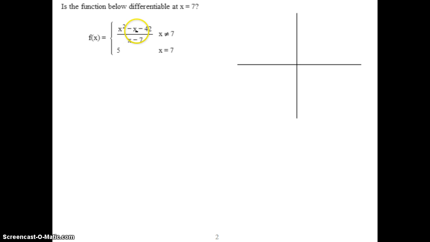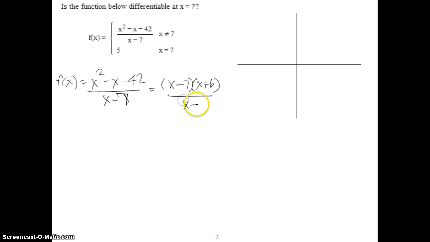So to be able to figure out what this function looks like, you're going to simplify f of x equals x squared minus x minus 42 over x minus 7. If you factor the numerator, that factors to be x minus 7, x plus 6 over x minus 7.